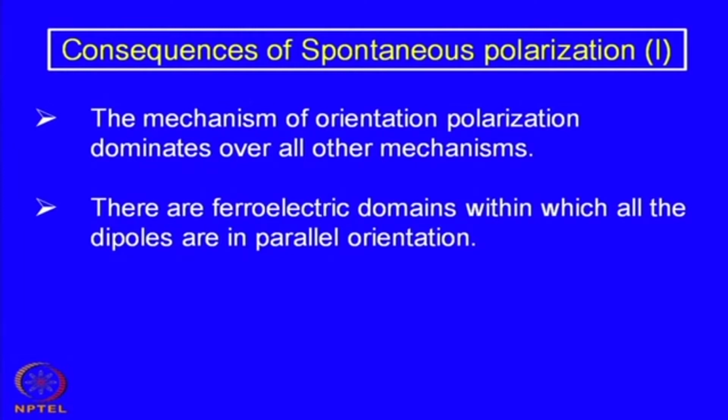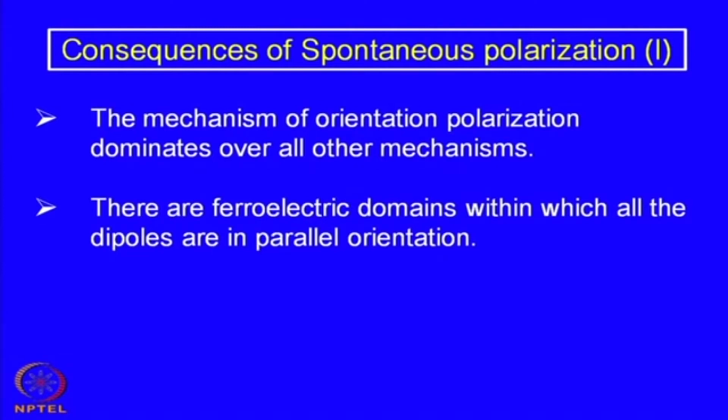However, there are a large number of such domains adjoining each other, just like grains in a polycrystalline material. A large number of domains forms the whole volume of the crystal or the material.